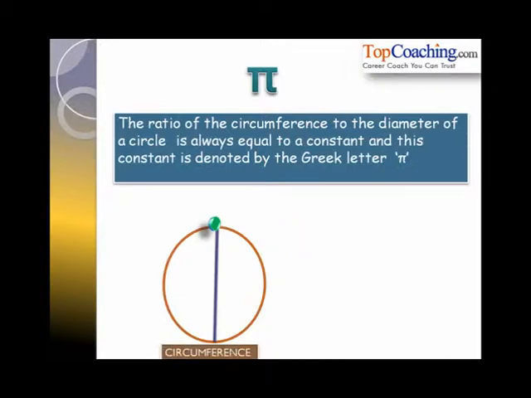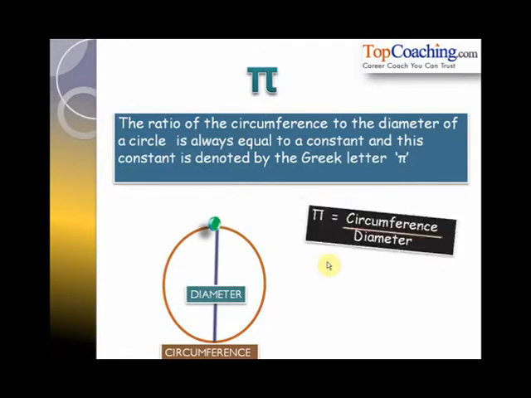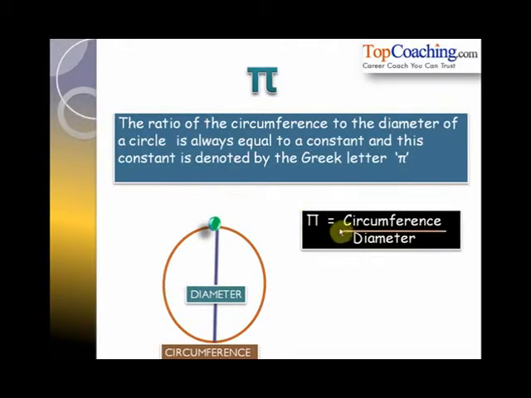So the distance moved by the blue particle is actually the circumference or the periphery of this circle, and the distance moved by this particle, which is the green particle, is known as the diameter. So pi is equal to circumference divided by the diameter. So pi is nothing but equal to the distance moved by the blue particle divided by the distance moved by the green particle.